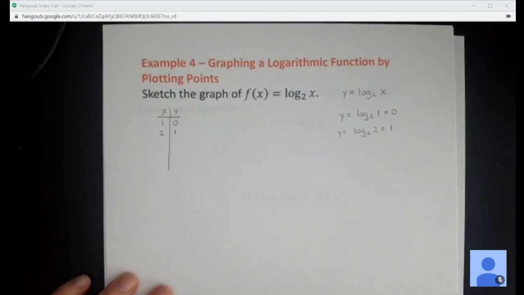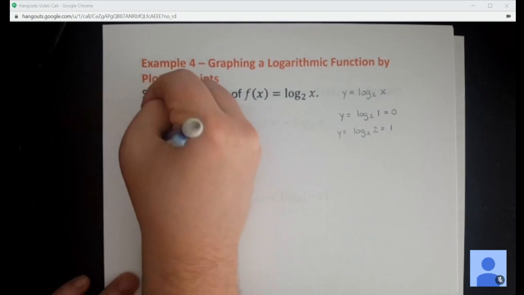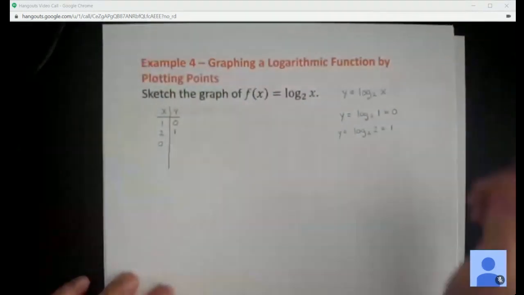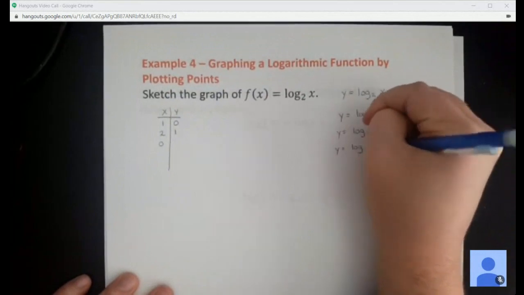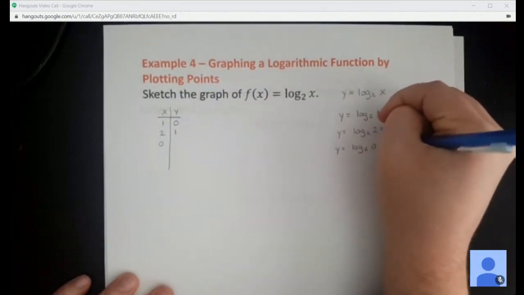What other values do you want to check? 0, okay. So if we plug in 0, think about that. y equals base 2 log of 0.